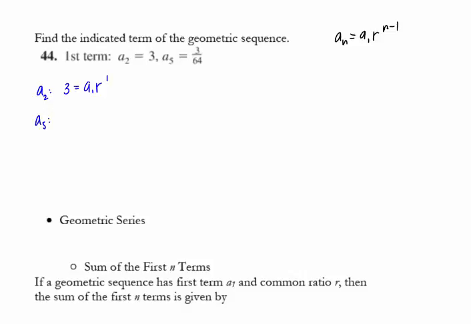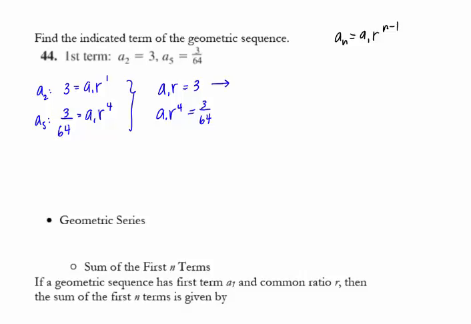And the fifth term, a5, is 3 over 64, is a1, which is unknown, times r, also unknown, but to the fourth power. So again, we have the system: a1r equals 3, and a1r to the fourth equals 3/64.